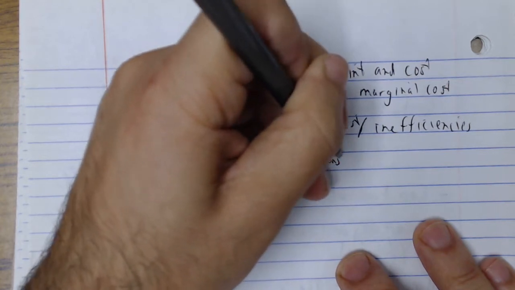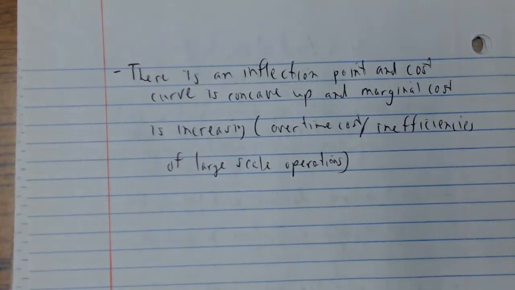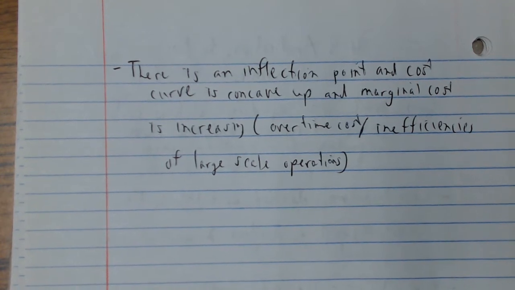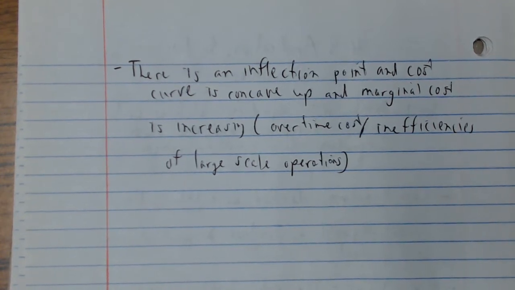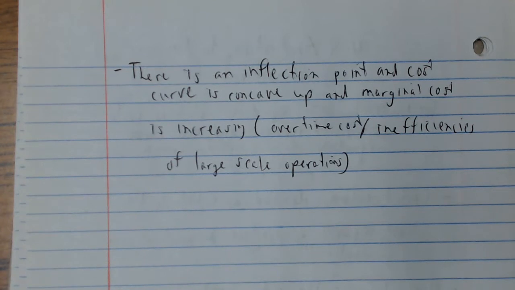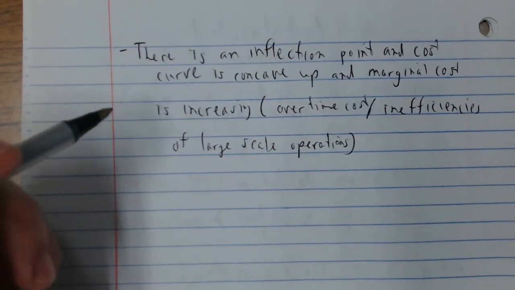So these are the contributing factors as to why our cost function all of a sudden has that steep increase after the inflection point. Because of course, if you start producing much more product and then start hitting certain inefficiencies, that causes the cost to go up.